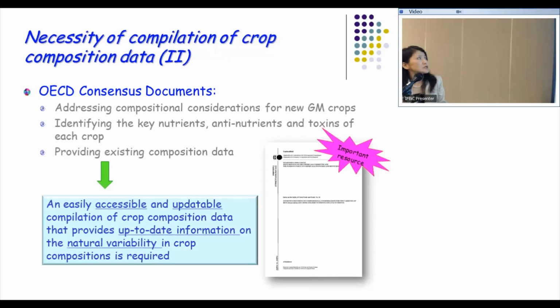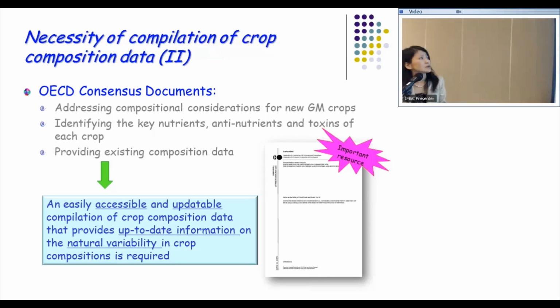OECD consensus documents not only identify the key nutrients, anti-nutrients, and toxins of each crop, but also provide existing composition data. The OECD consensus document is a very important resource for the safety assessment of GMO.